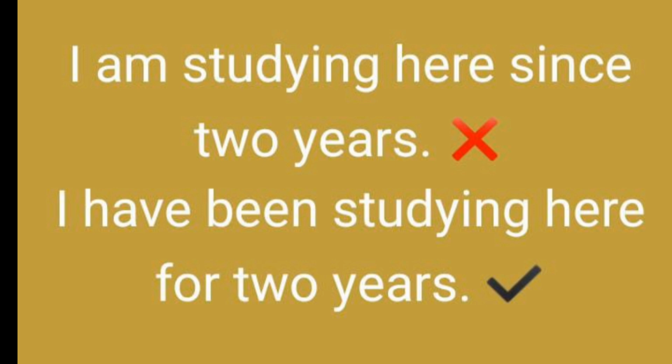We use for when we talk about a period of time, such as 2 hours, 3 days, or 5 years. We use since when we talk about a specific starting point in time, such as since Monday, since 2020, or since morning.